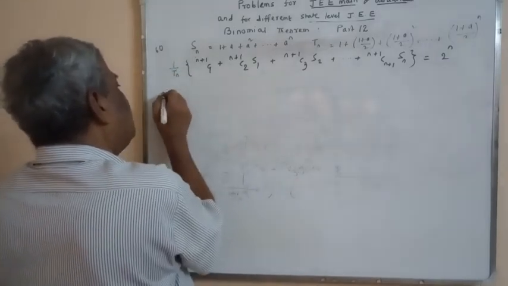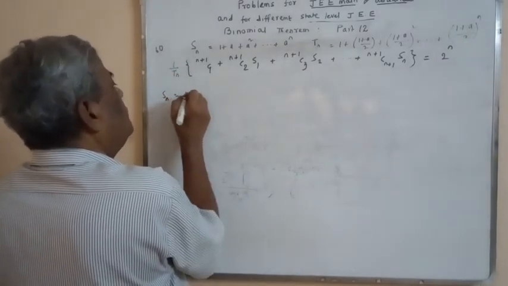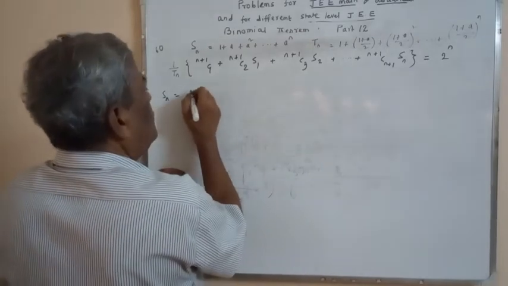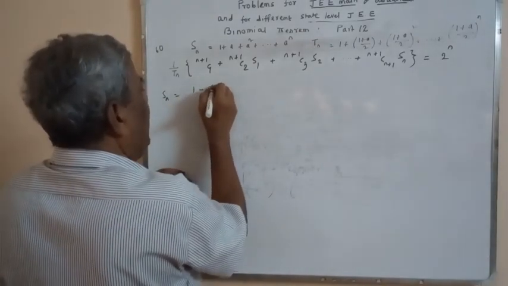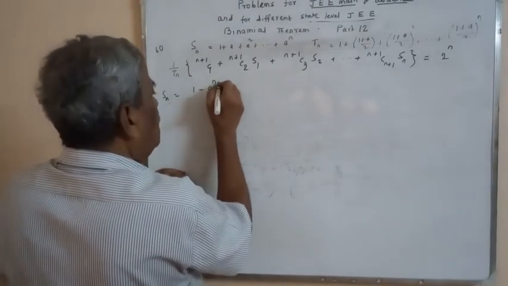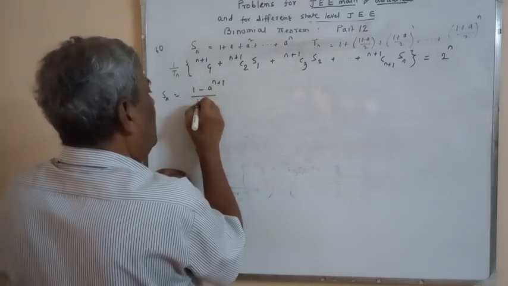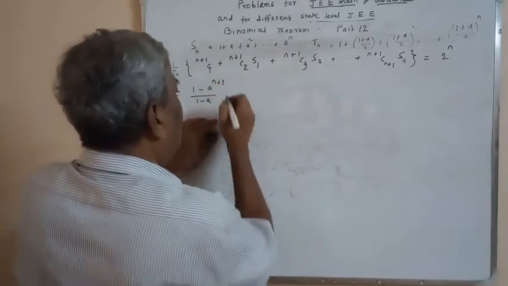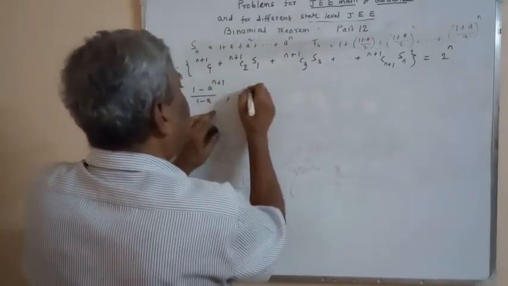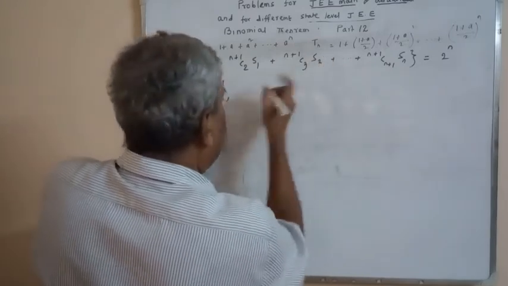Now we calculate Sn first, the sum of the GP series. It is (1 minus a to the power n plus 1) by (1 minus a). This is Sn.